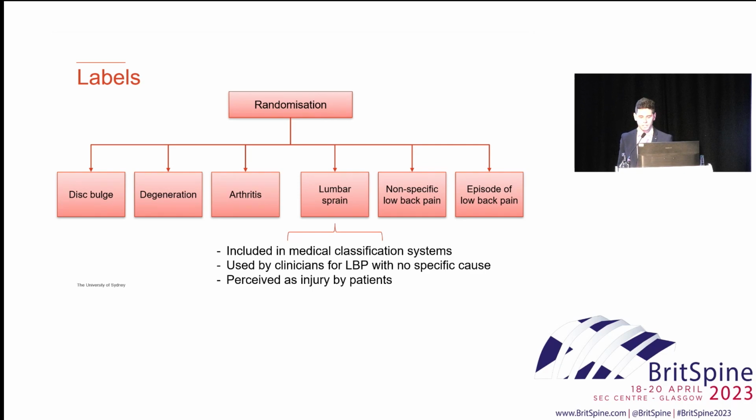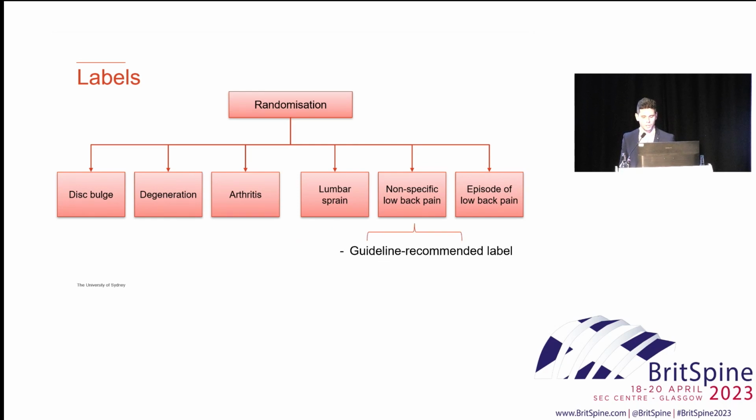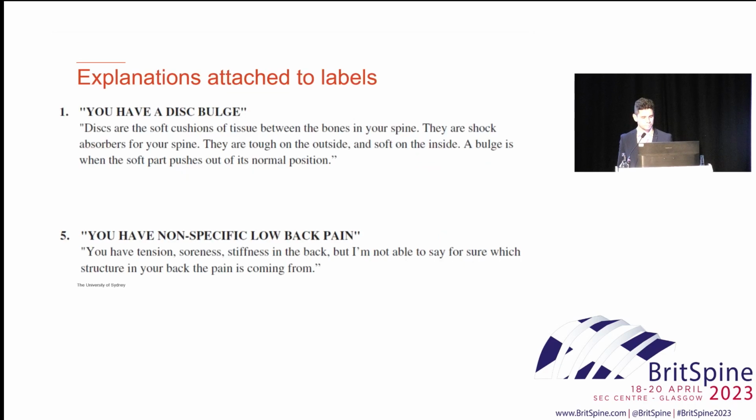It is used by clinicians for low back pain that they can't really attribute a cause to, and it's also perceived a little bit differently by patients. It's perceived by patients as an injury, not so much as a chronic condition that's going to perpetuate. And we also gave people what guidelines recommend as the label, which is non-specific back pain, and an episode of back pain as a sort of control label, which is a label that has no structural descriptor attached to it. So those 6 labels were included in our study.